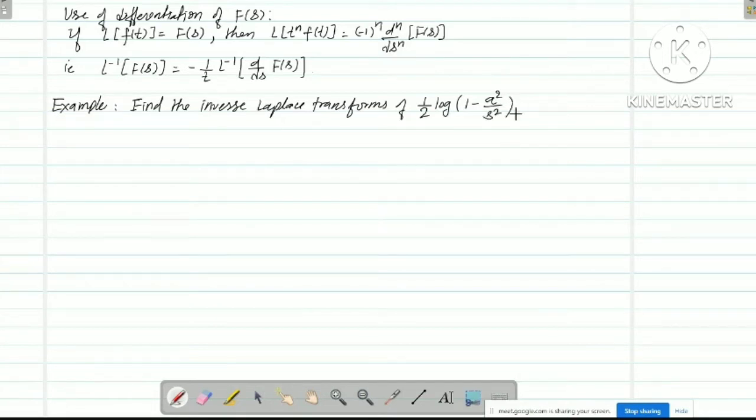Okay, this is the problem and we have to find inverse Laplace transform of this function.